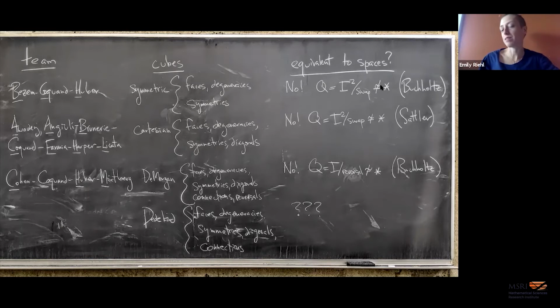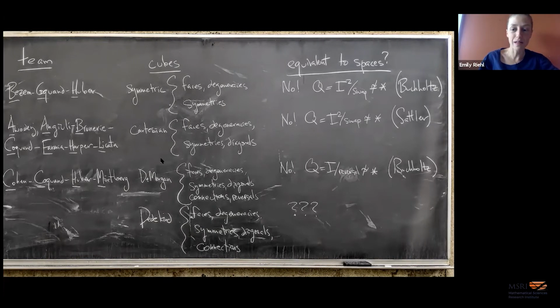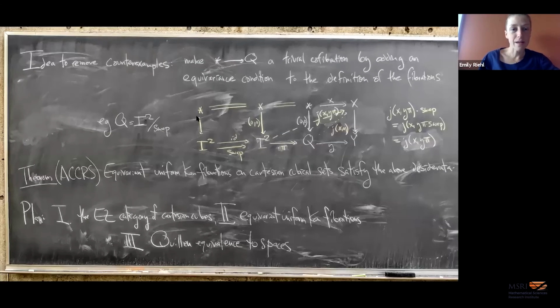So it's possible to show by some complicated argument that those objects are not contractible. So to rectify this, we're going to make this Q, which will be a cofibrant object in all those models and in our model as well, contractible by making the inclusion of the point into a trivial cofibration. So that will definitely make it weakly contractible.